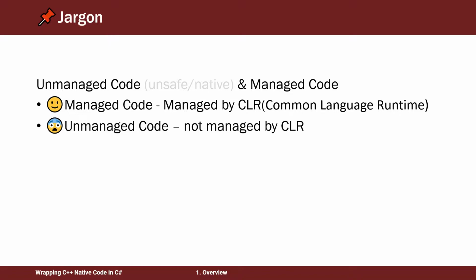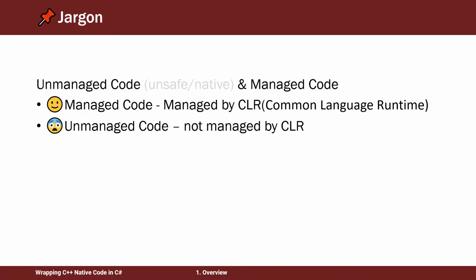On this topic, you may hear terms like unsafe, native, unmanaged, managed. So what do they mean? When you hear these terms, please think of the CLR, the Common Language Runtime. To put it very simply, managed code, aka C# code, is code whose execution is managed by the CLR.